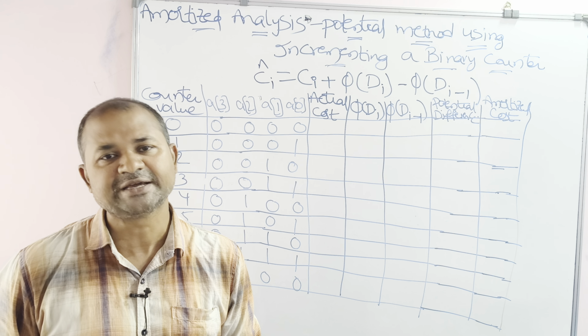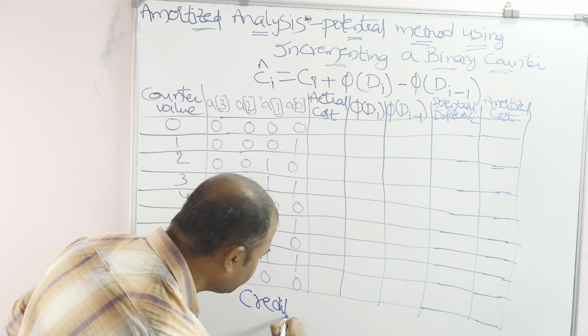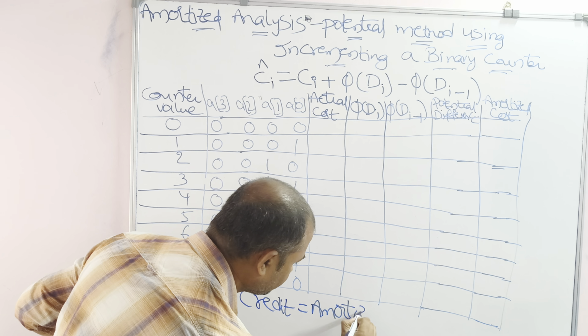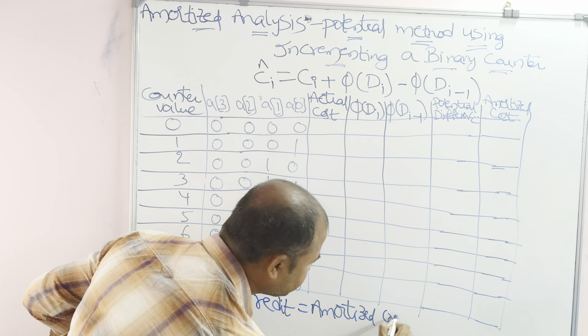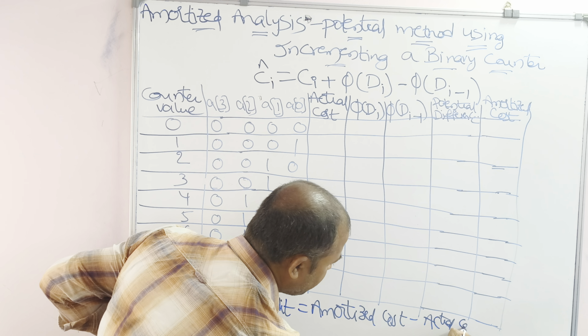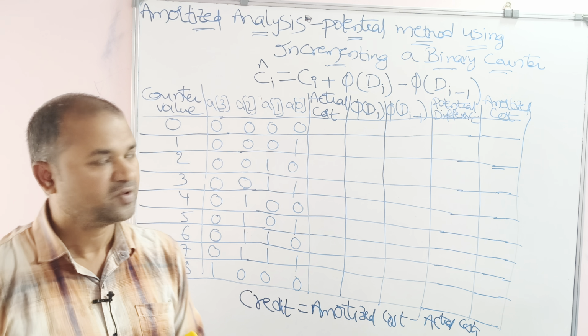In the accounting method, the formula for the credit is credit equals amortized cost minus actual cost.